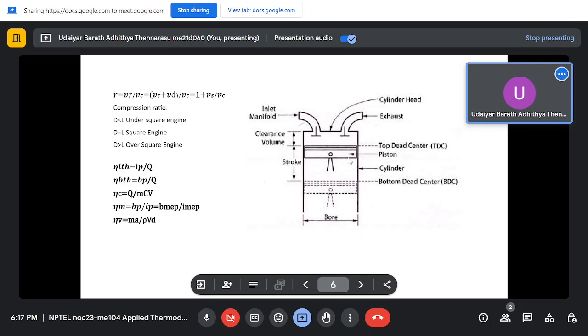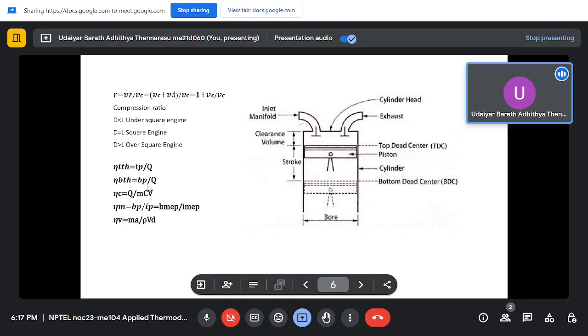And for other efficiencies, you have the indicated thermal efficiency and the brake thermal efficiency. Indicated power is the maximum power which is generated, and brake power is the indicated power minus friction power, the power lost due to friction.